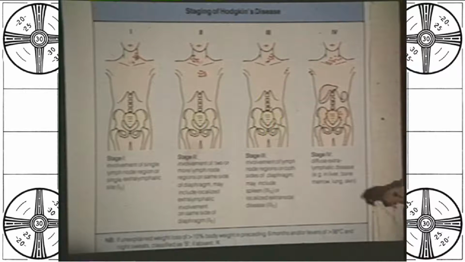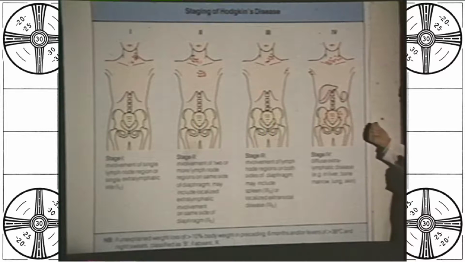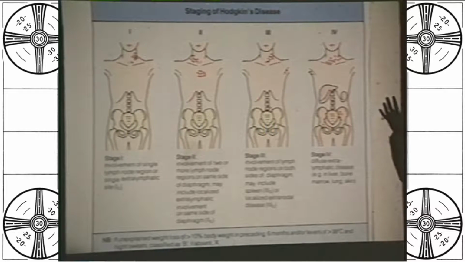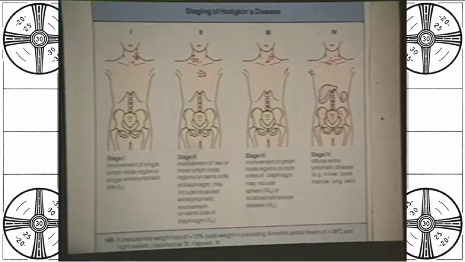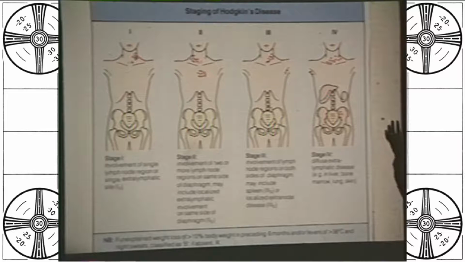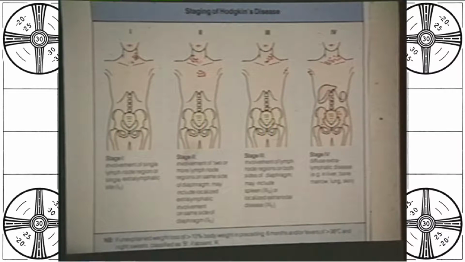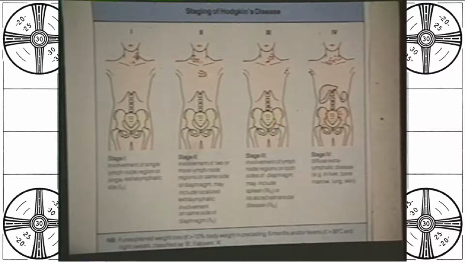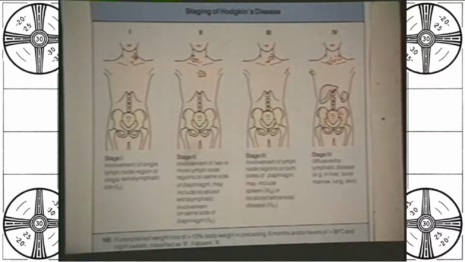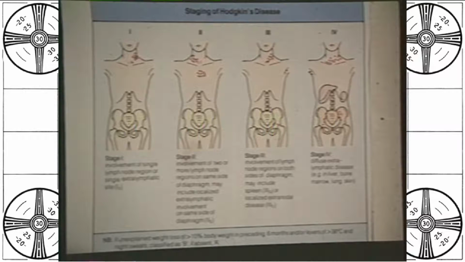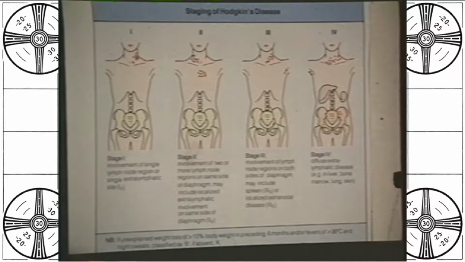And they go from stage 1 to 4, and it's very easy. Stage 1, it's involvement of a single lymph node region. So if a patient presents with lower cervical lymphadenopathy, and the rest of the physical examination, CTs, bone marrow, etc., is negative, stage 1. Very easy, straightforward.